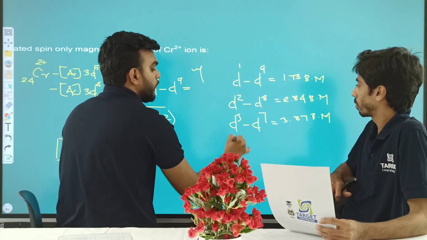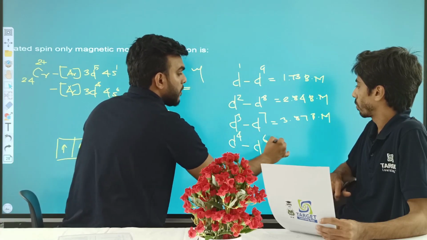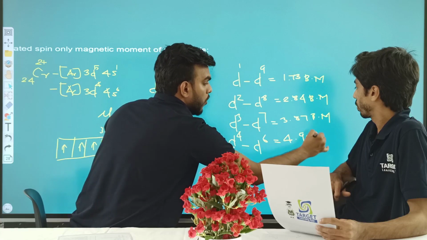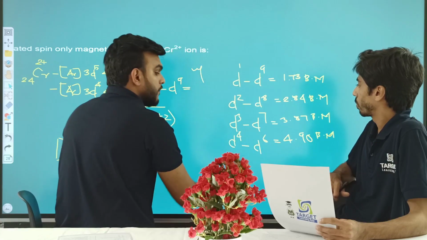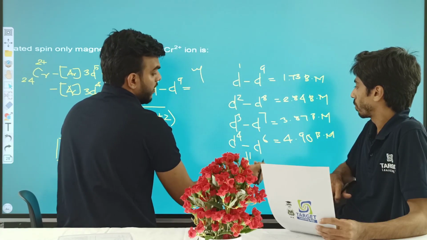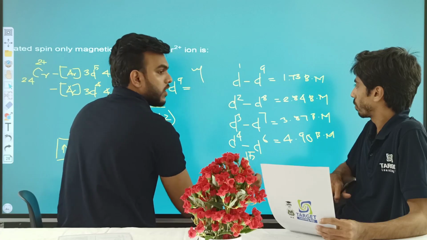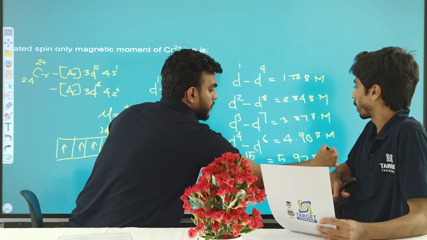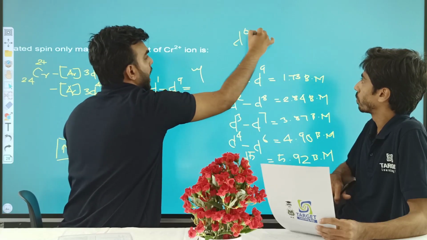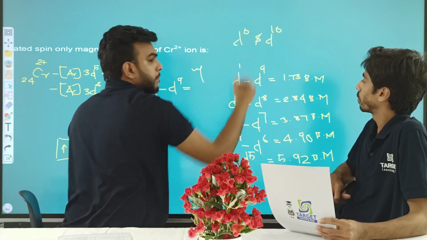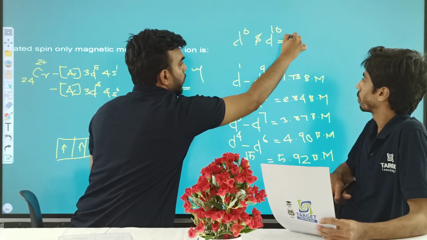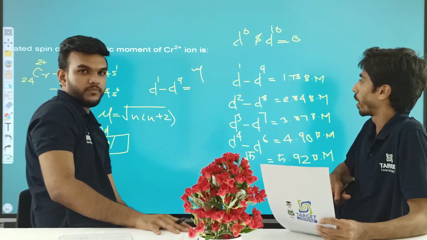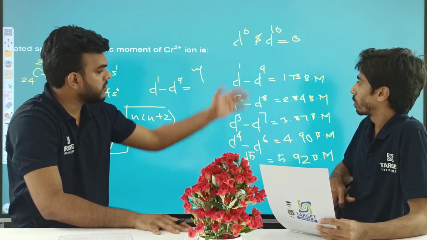For D4 and D6, it will be 4.90 Bohr magneton. For D5, it will be 5.92 Bohr magneton. In the case of D0 and D10, there are no unpaired electrons, therefore the magnetic moment is 0 Bohr magneton.